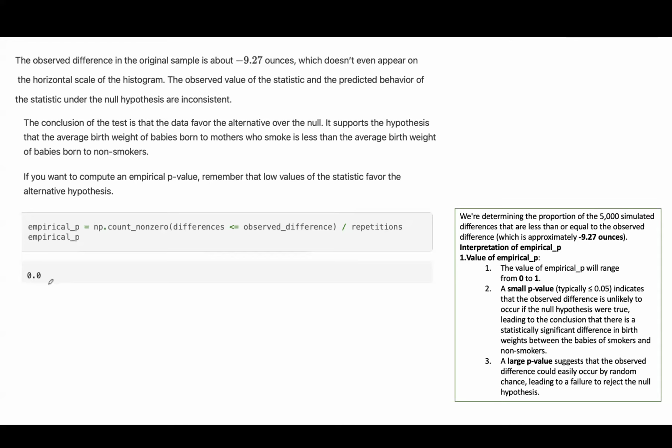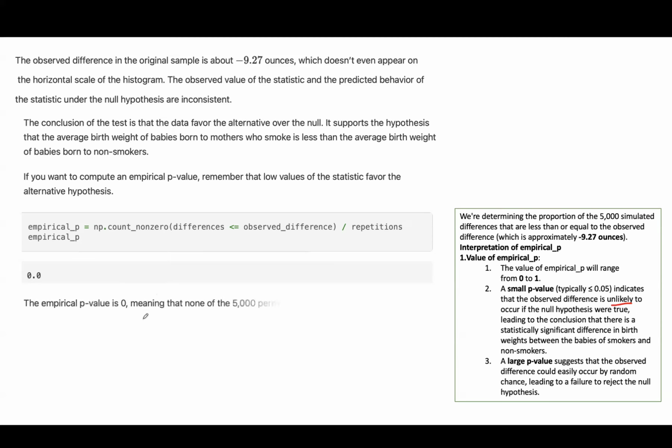A small p-value, which is less than 5%, indicates that the observed difference is unlikely to occur if the null hypothesis is true. So when the p-value is less than alpha, we reject the null hypothesis and support the alternative hypothesis.